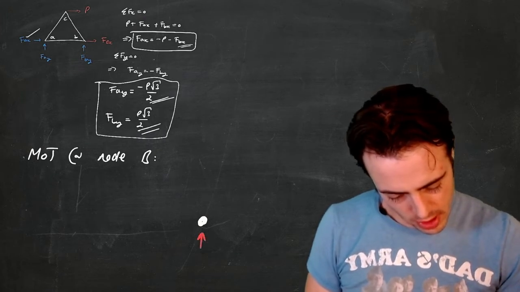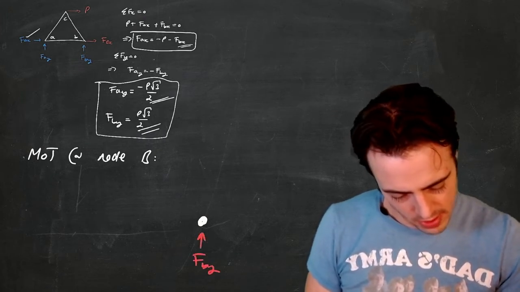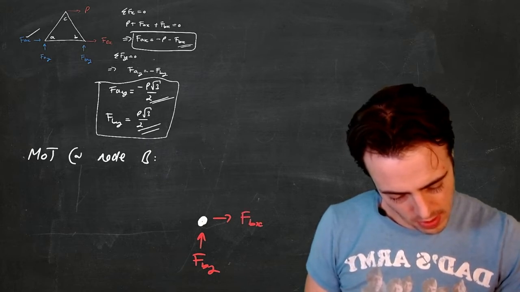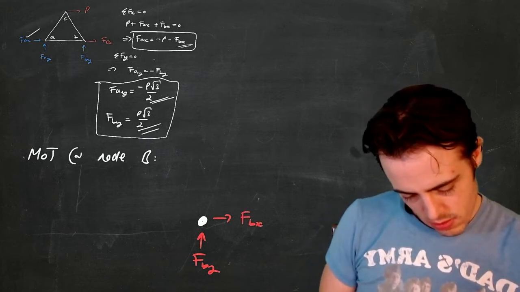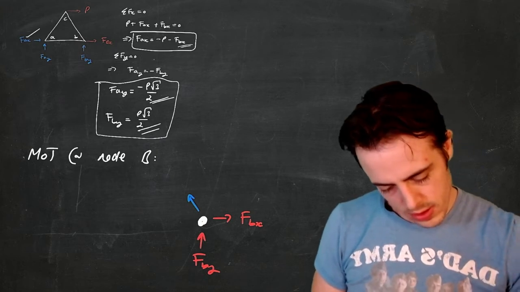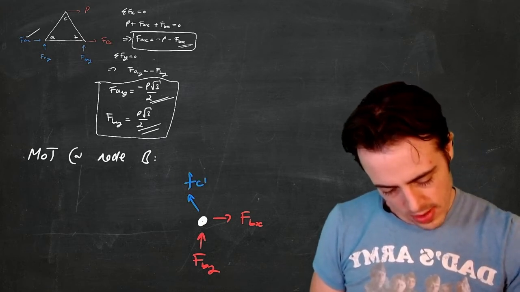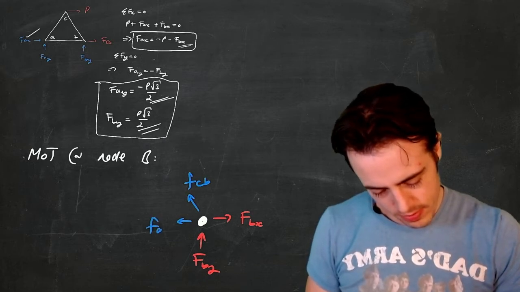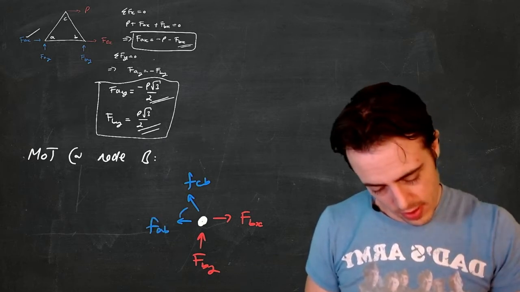At this point we know what FBY is and we know what FBX is. We don't know what the force in CB is, and we don't know what the force in AB is. This is 60 degrees here.